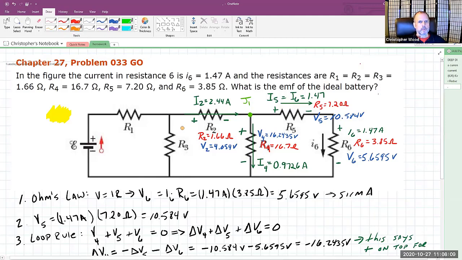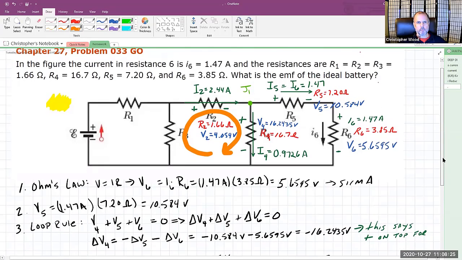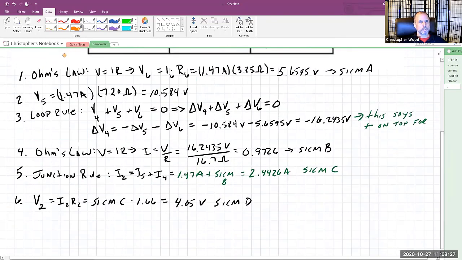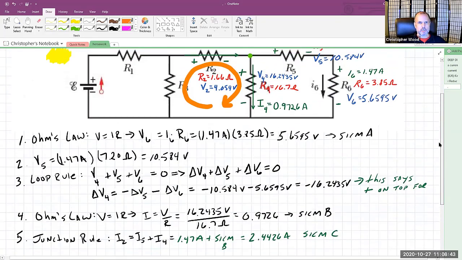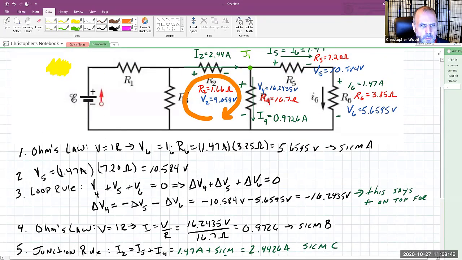Here's a loop. Ready, set, go. It doesn't have to be clockwise, but just out of habit, let's always do clockwise loops. So here's a loop. Rises equals drops. So for that loop, let's do Kirchhoff's loop rule. I guess I better erase this a little bit.